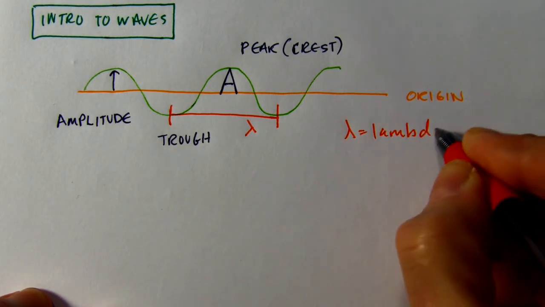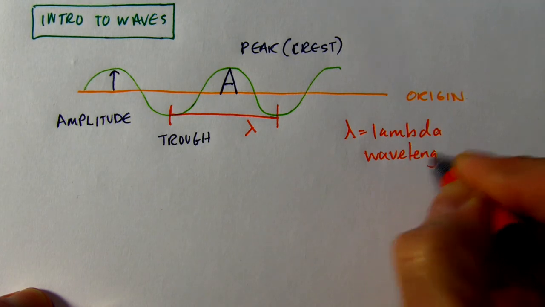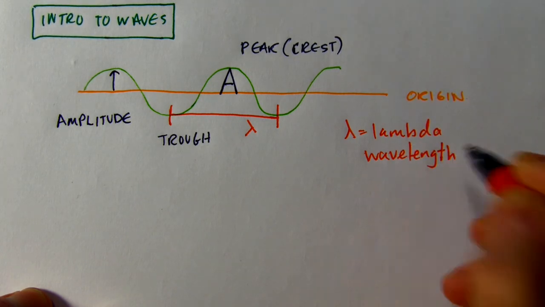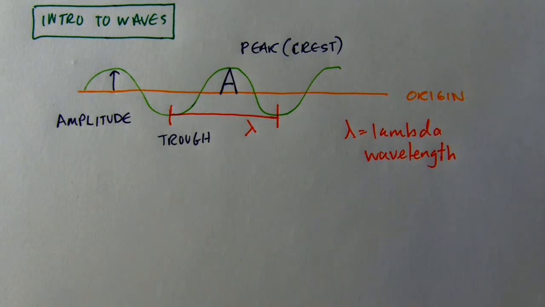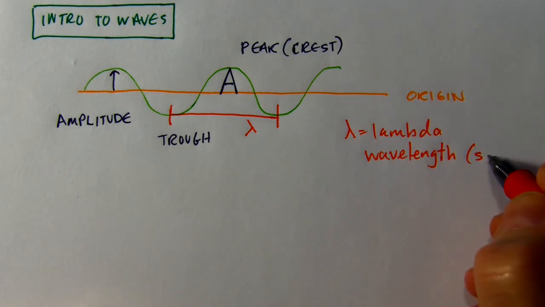The reason we use the Greek letter lambda is because the English letter L is used for length with sound. So lambda is generally used for sound or light.